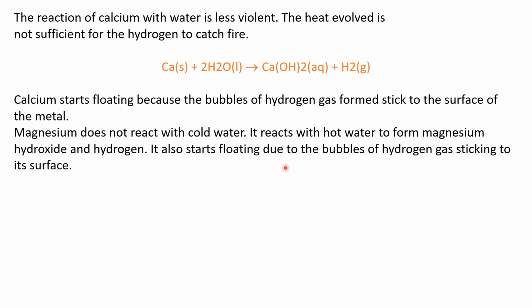So these metals, calcium and magnesium, start floating on the surface. Here, calcium is least reactive with cold water, whereas magnesium is least reactive with cold water but vigorous with hot water.